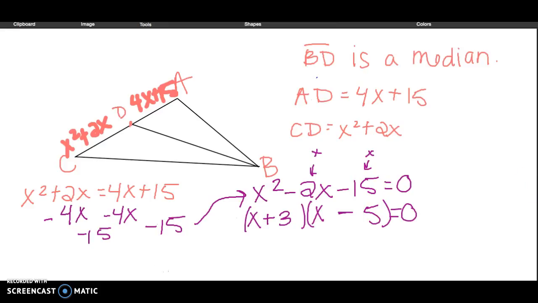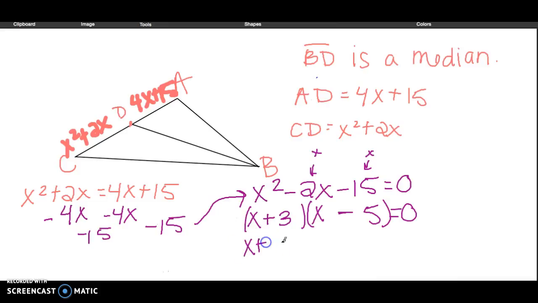Now we're not done because we don't have x equals a number. We have just factored this quadratic equation right here. So to actually solve for x, this is just multiplication of a number. This number times this number has to be 0. So to figure out what x actually is, I'm going to make each of those two terms equal to 0 and solve.